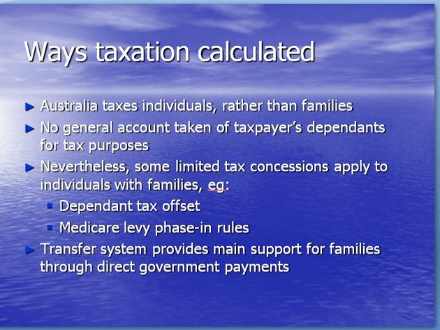Nevertheless, some limited tax concessions apply to individuals with families. For example, there is an offset, so it is a reduction of the calculated tax payable at the end of the calculations. Medicare levy and phase-in rules are also examples. The transfer system provides main support for families through direct government payments.